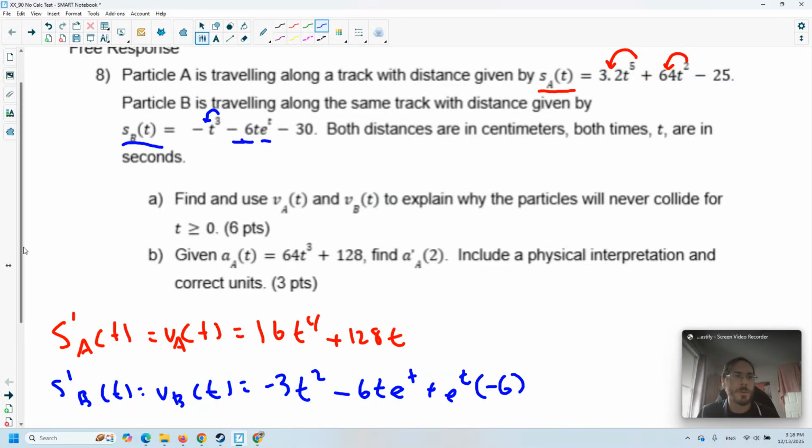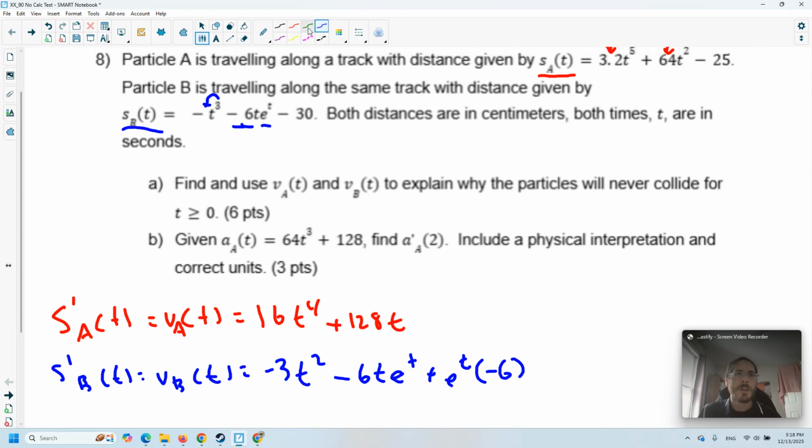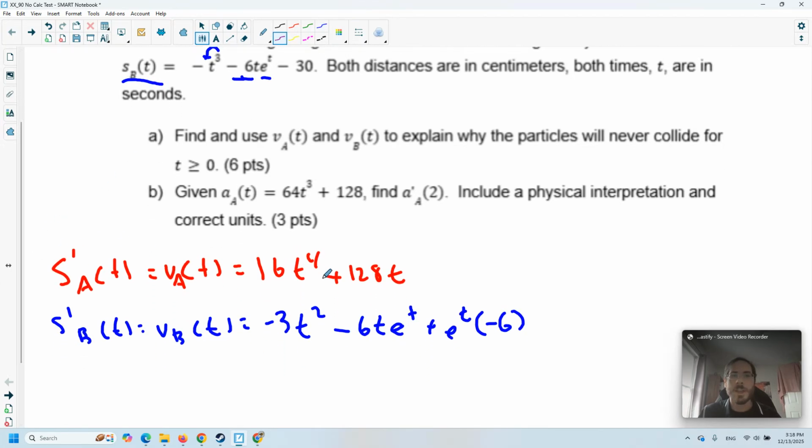Now I need to explain why they're not going to collide. So a lot of people picked up on this pretty well. VA of t, this thing is always going to be positive. Again, no matter what I put in for t, as long as it's greater than or equal to 0, it's either going to give me 0 or a positive number.